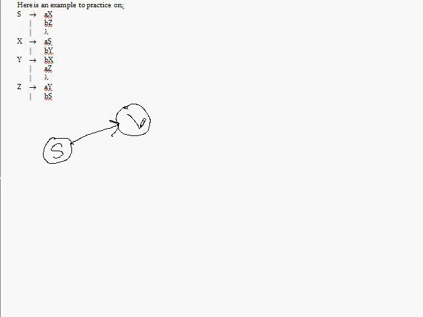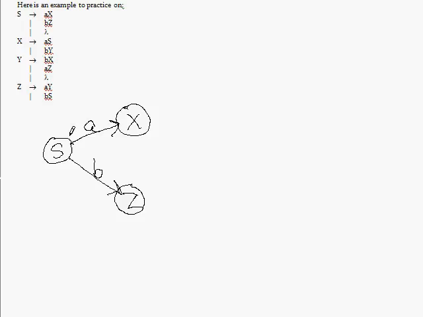Here's X, and this is going to be an A, because that's the way you do these rules. You have a state for this variable Y. You also have a state for this variable Z. And if I'm looking at S's rules, I see that S has a rule BZ. So I'm going to put Z right here where it's conveniently located for this transition that it has from S labeled B.